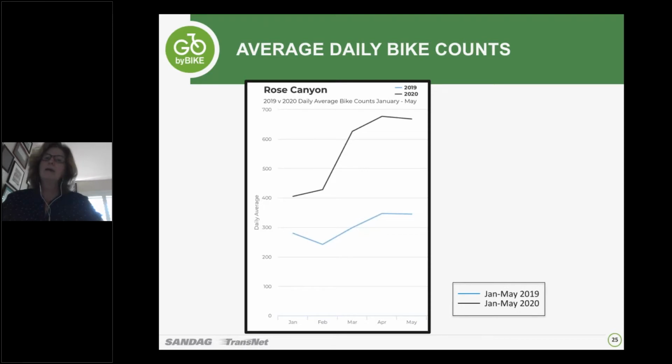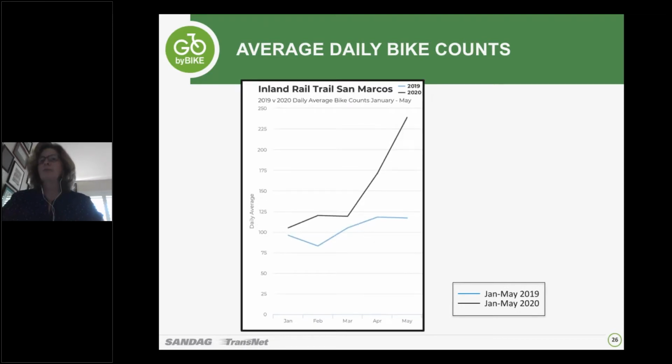And the last slide is up along the Inland Rail Trail, the segments that are open in the city of San Marcos. And this counter is right at the Palomar College Sprinter Station. So you can see, about 100, 125 users this time last year, and how that's increased over the last few months from January to May of this year.